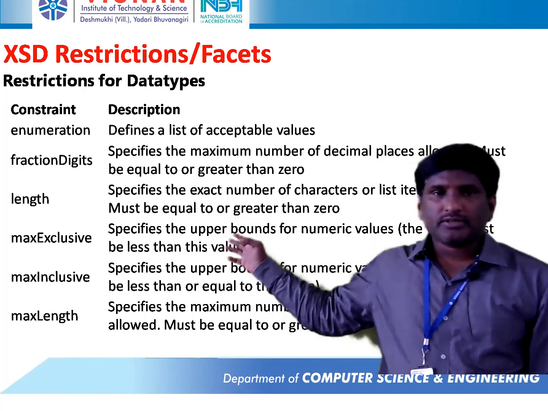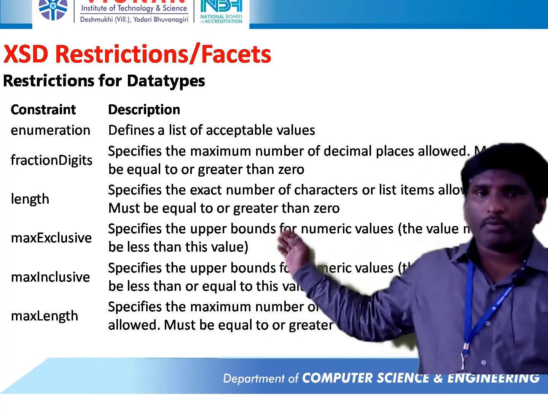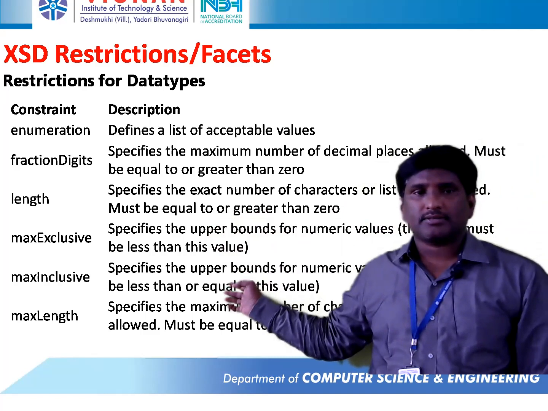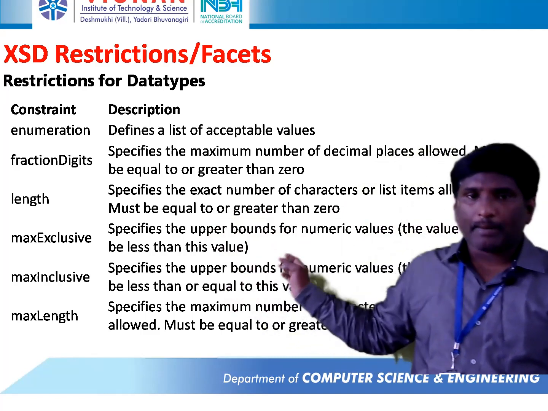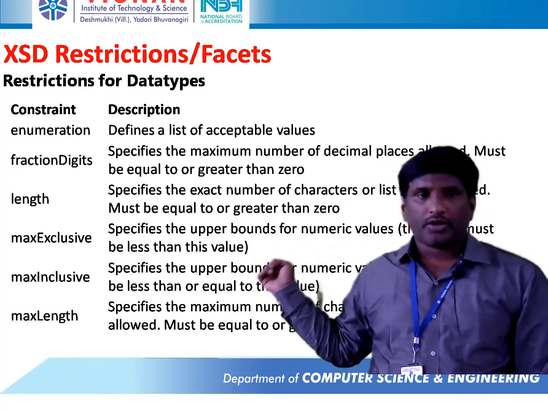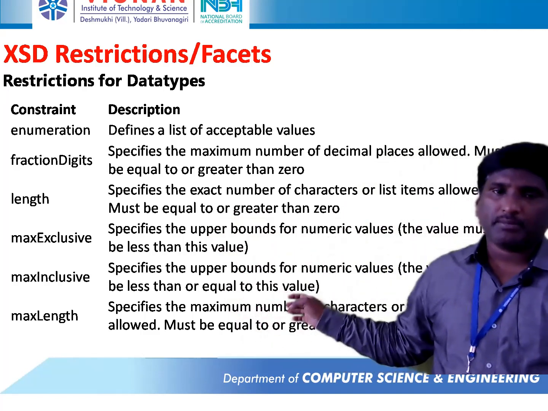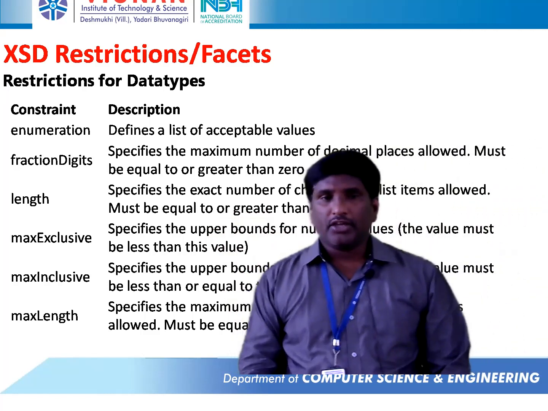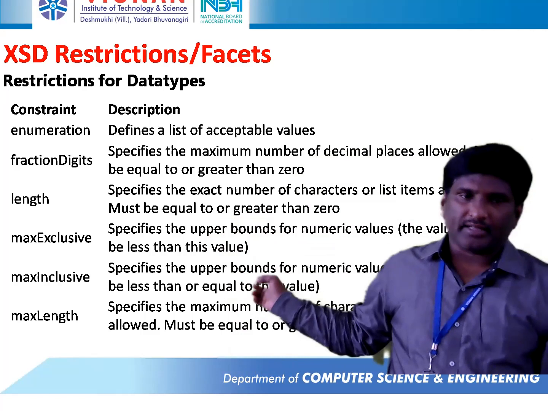Max exclusive specifies the upper bound for numeric values, and max inclusive specifies the upper bound for numeric values less than or equal to. Max length specifies the maximum number of characters allowed, which must be equal to or greater than 0.